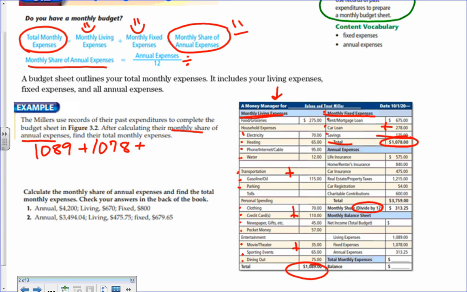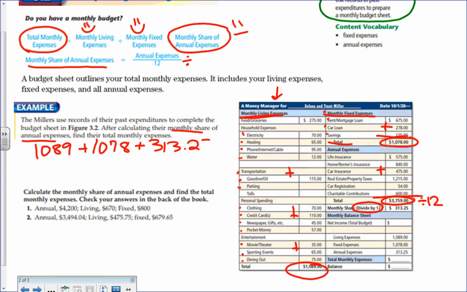And then now we need to know the monthly annual expenses. So what that is, all these items added together to get $3,759, and you divide that by 12. Once we divide it by 12, it's $313.25.